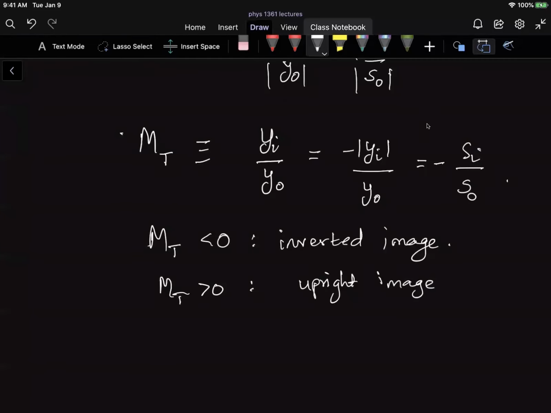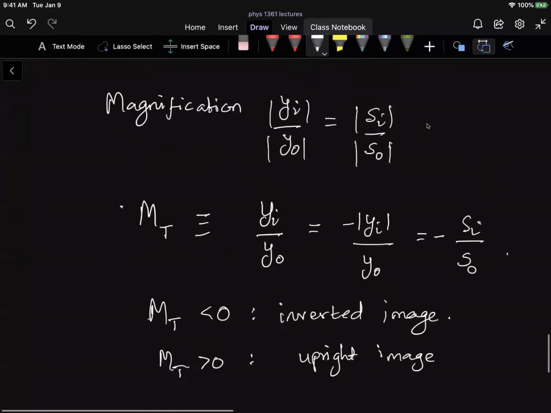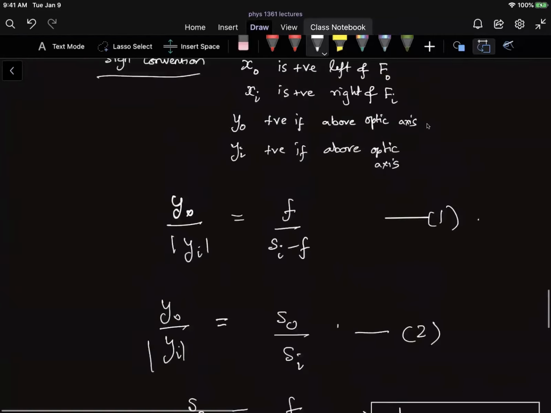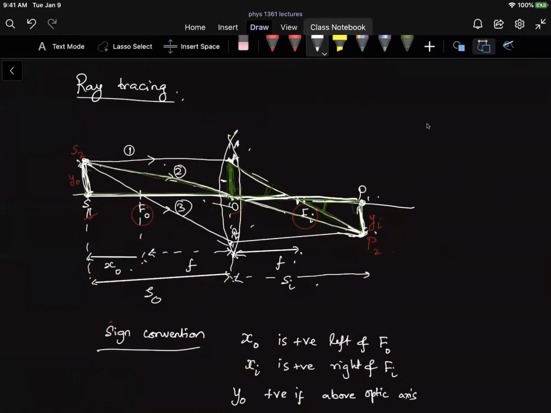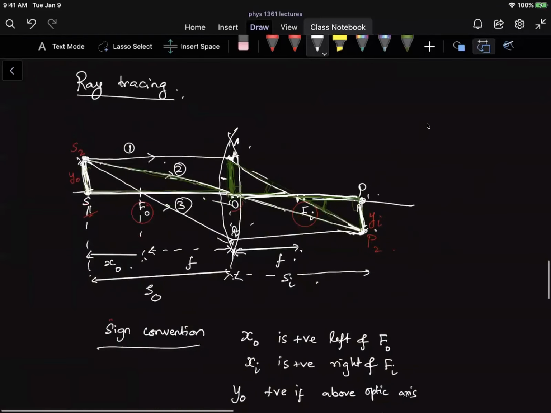Okay. We can also derive one more expression. We can look at one more set of similar triangles, which is the ones that are over here. So this is a similar triangle over here. Sorry, I've redrawn too many times here.